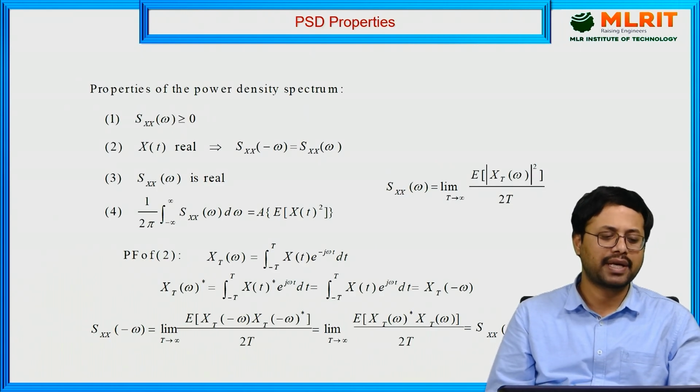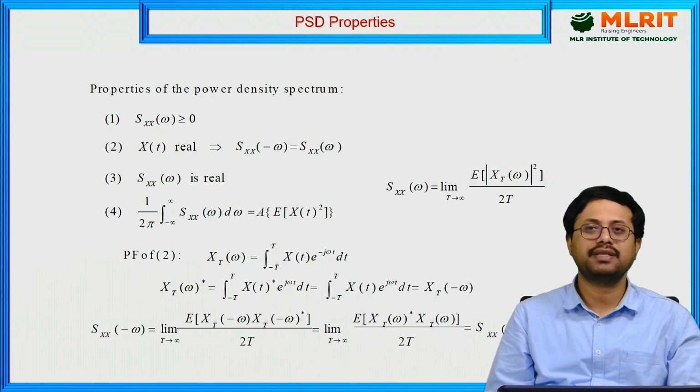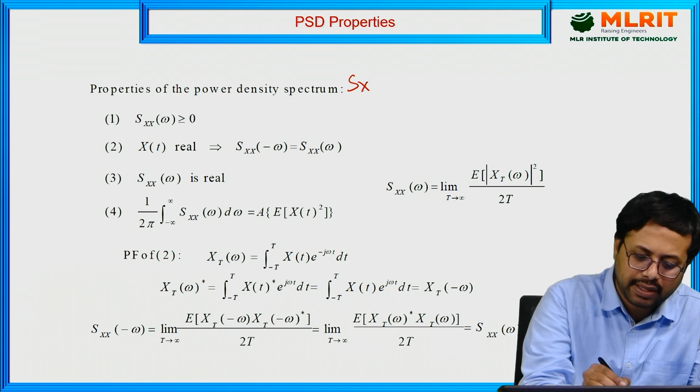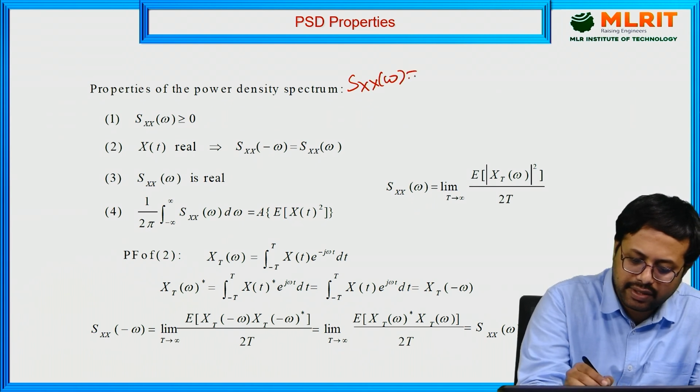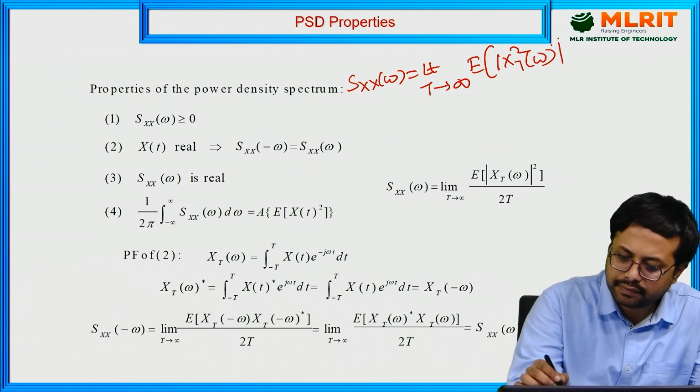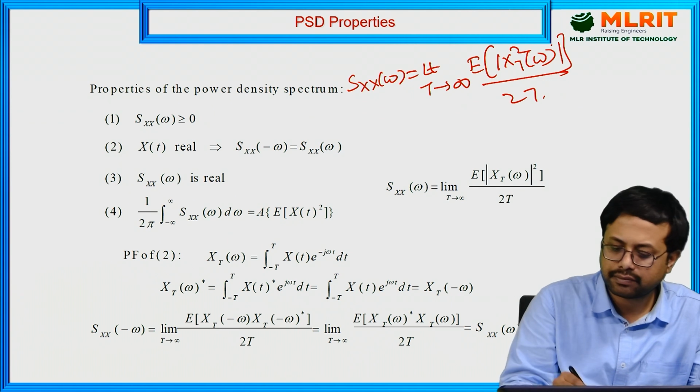First property tells that power spectral density is always non-negative. From the statement, what is the definition? Power spectral density definition is limit T tends to infinity, expectation of mod X_T of omega whole square by 2T.